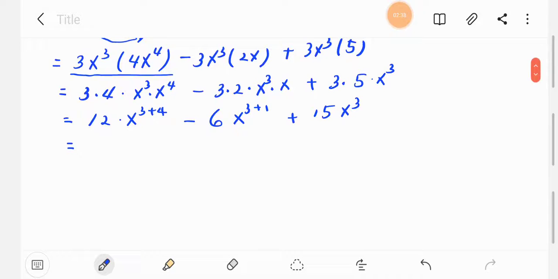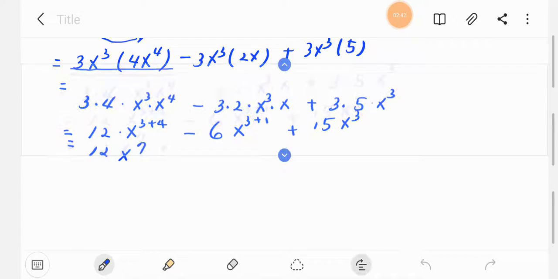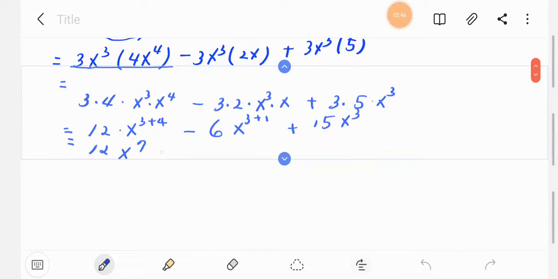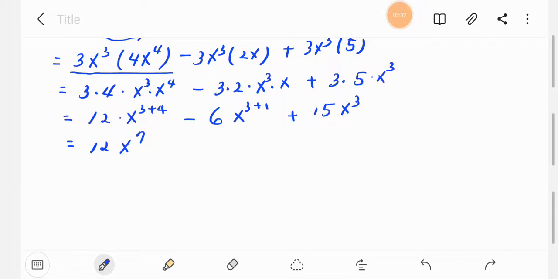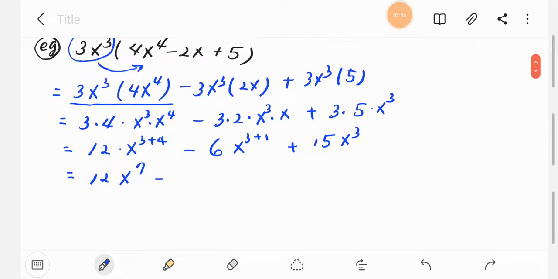Finally, this will be 12 times x to the 7th power, minus 6 times x to the 4th power plus 15x cubed.